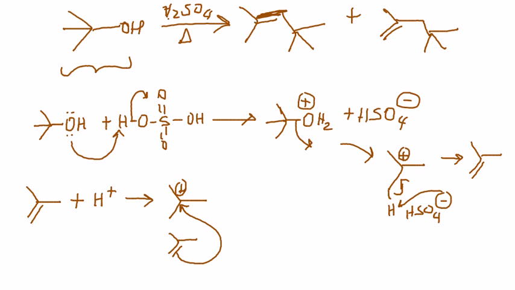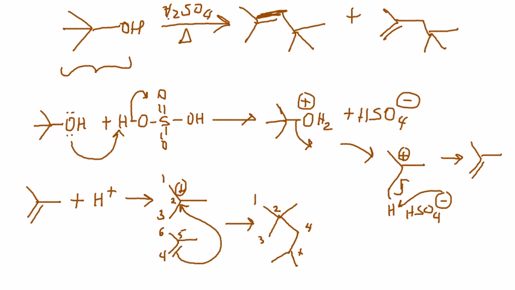And when that happens, let's perhaps number this. So 1, 2, 3, 4, 5, and 6. You're going to end up with the carbocation at 2. Position number 4 is what is interacting. So you have a choice.